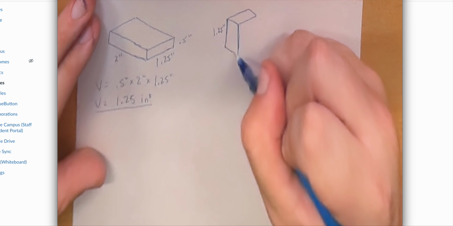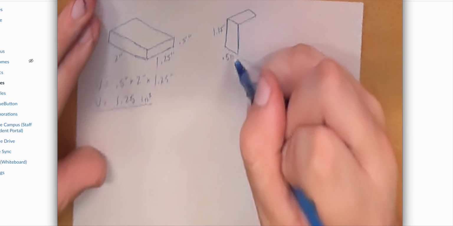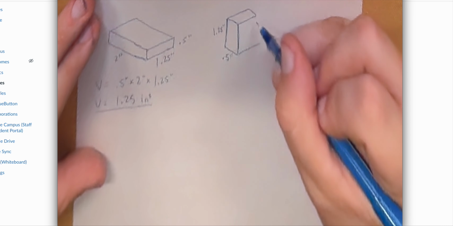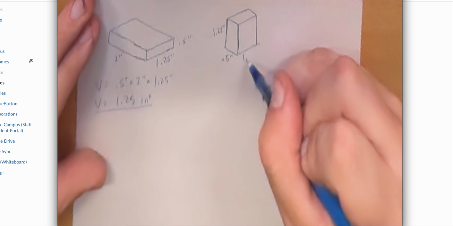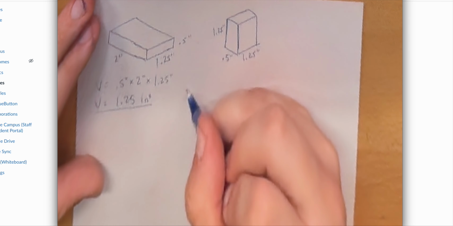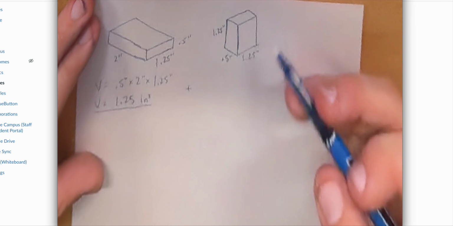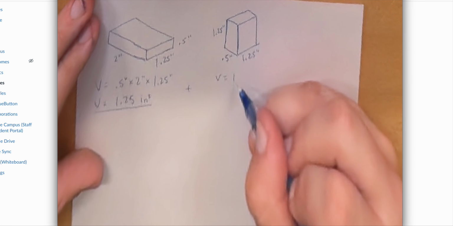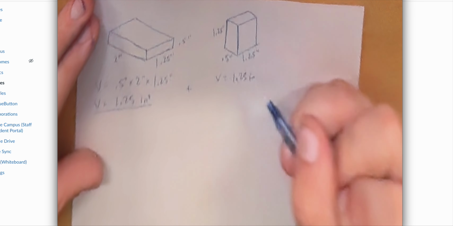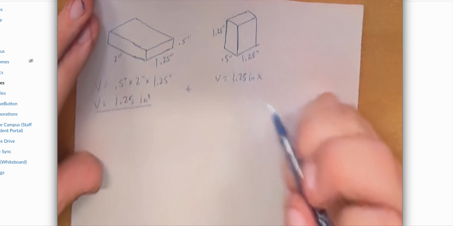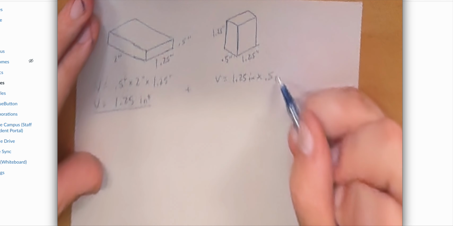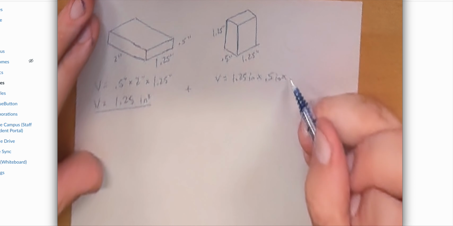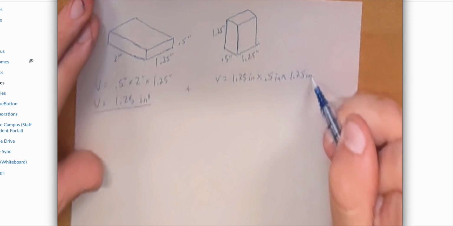So there we have it. So this is 0.5 inches, just as we said. This is 1.25 inches down here. So 1.25 inches. So now we're going to basically add this volume on top. So volume here is going to be our height, 1.25 inches, multiplied by our width, which is half of an inch, multiplied by our depth, which is 1.25 inches.